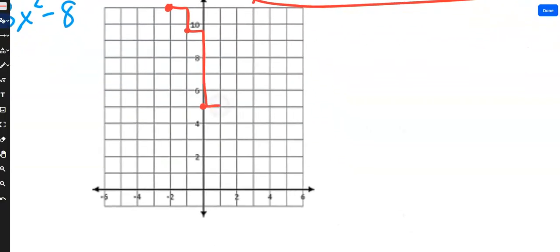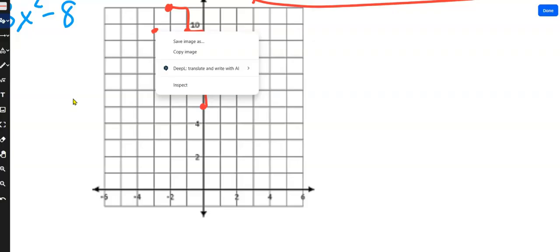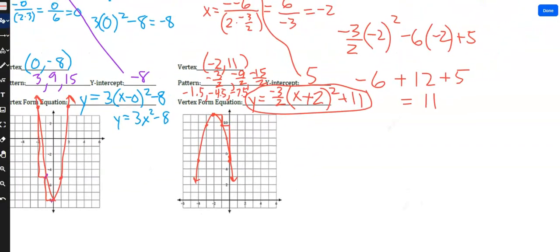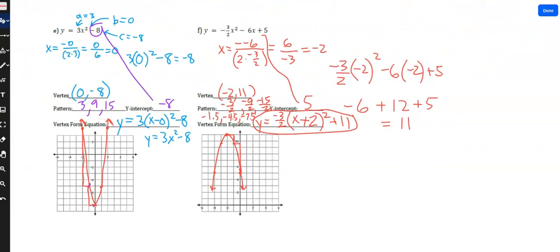And then over 1 and down 7.5, there's 3, 6, 7.5. Something like that. So, obviously it looks like that part's going off the graph, so I'm not going to worry about it. I'm just going to be using what I have here to graph that. I don't need to go further with that.